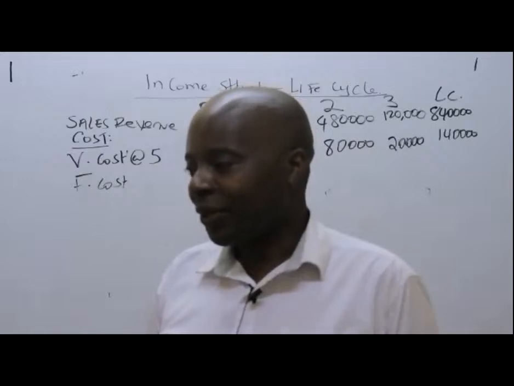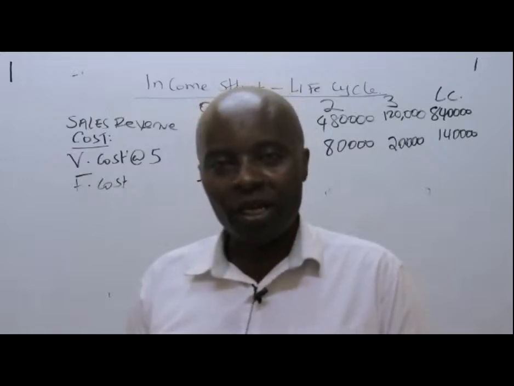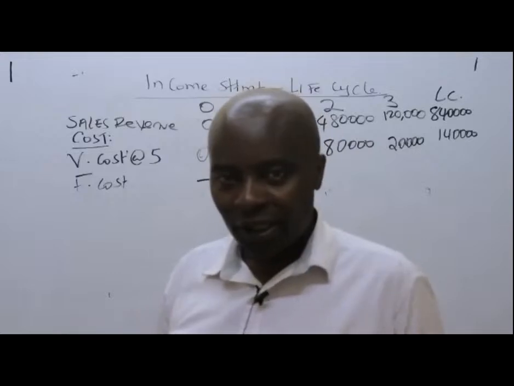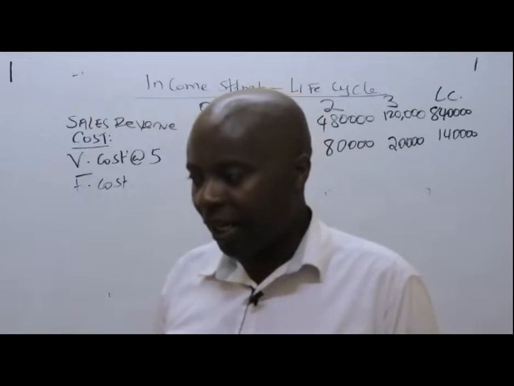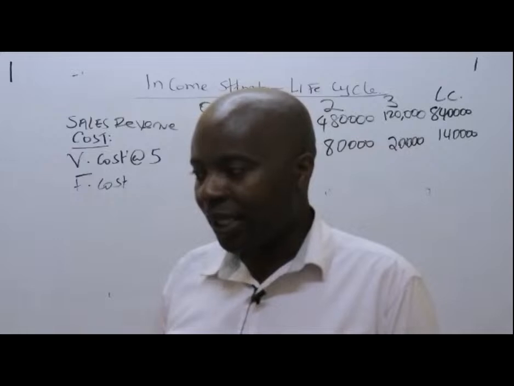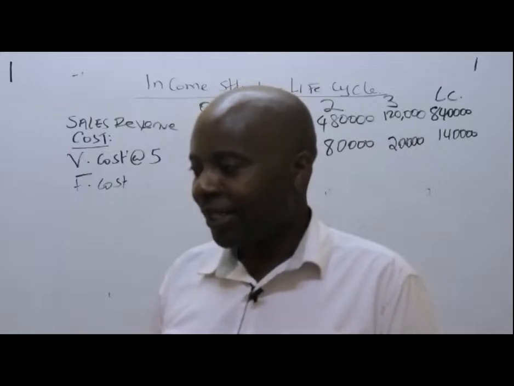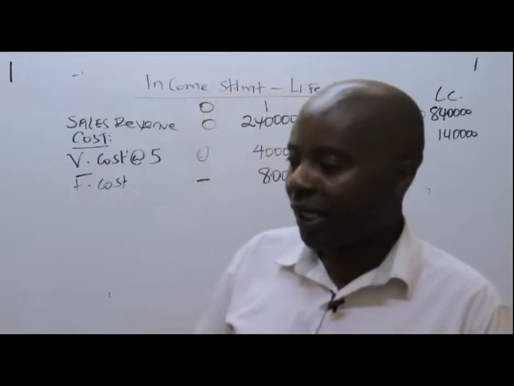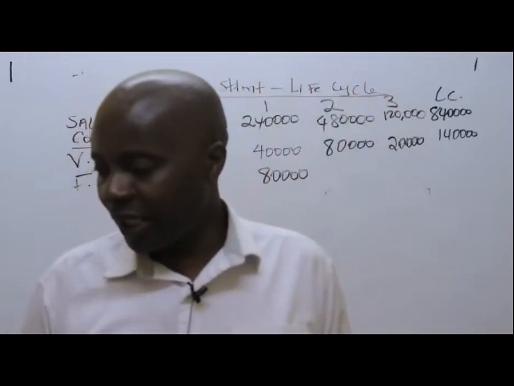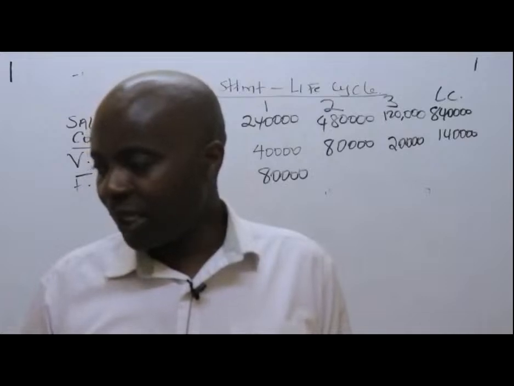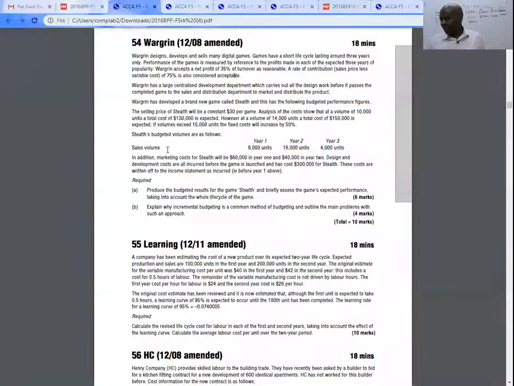Aurelia says 80,000 for all the years because according to Aurelia, fixed costs are supposed to be constant throughout, which is a very great idea. What about other students? Teresa says no, year 2 is supposed to be 120,000. Teresa has read something very serious here: however, at a volume of 14,000, total cost is 150,000, which is expected.